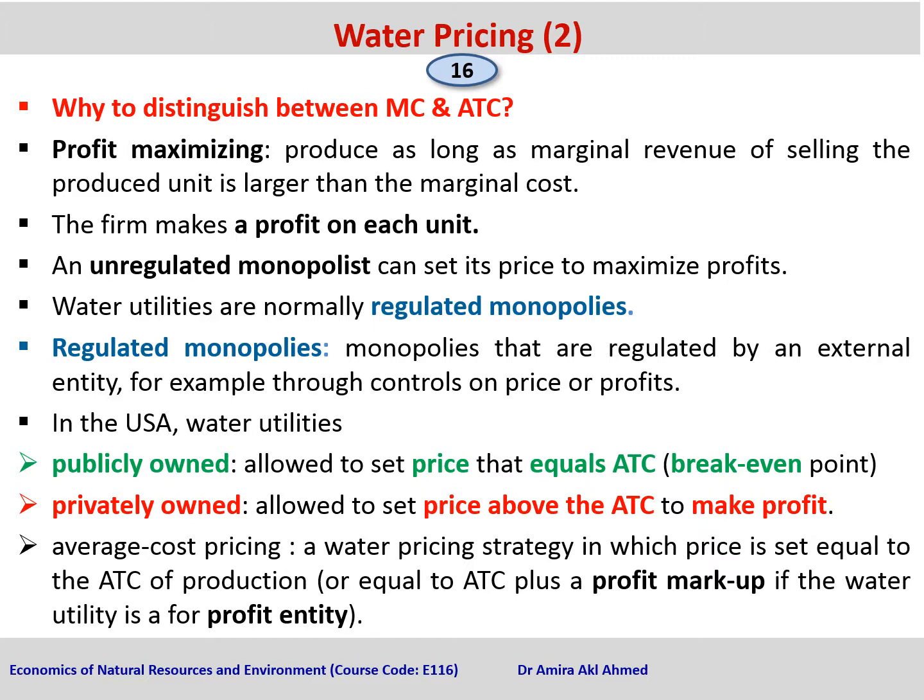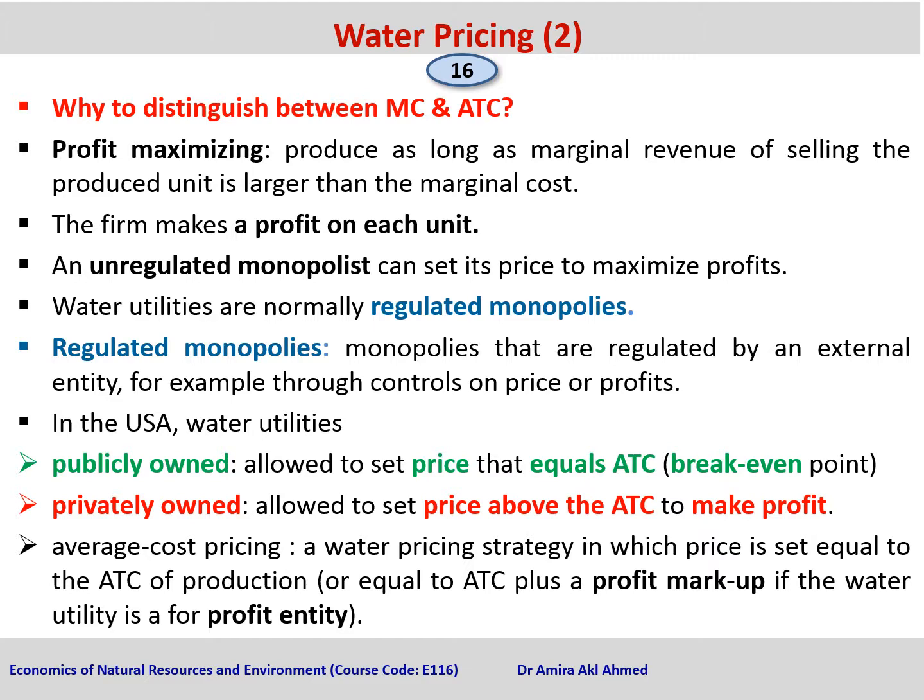Now, we will answer why it's important to differentiate between marginal cost and average total cost. Let me bring to your attention that a profit-maximizing firm will produce as long as marginal revenue exceeds marginal supply costs.